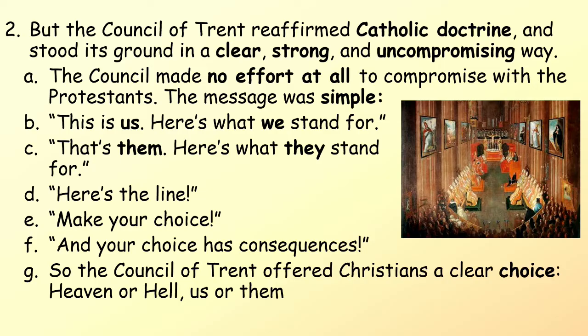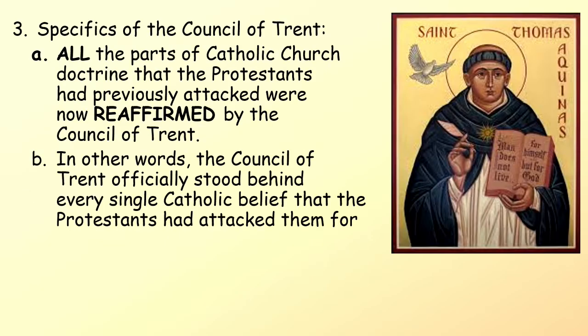And the message was simple. This is us. Here's what we stand for. That's them. That's what they stand for. Here's the line. Make your choice. And the choice you make has consequences. So the Council of Trent offered Christians a clear choice. Heaven or hell, us or them.